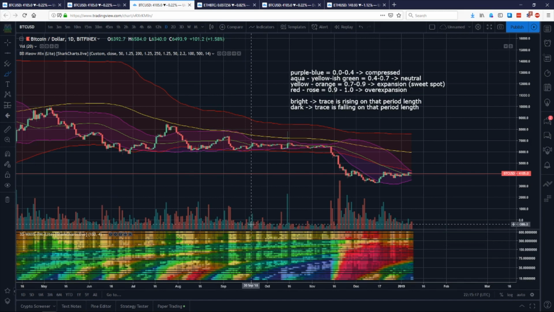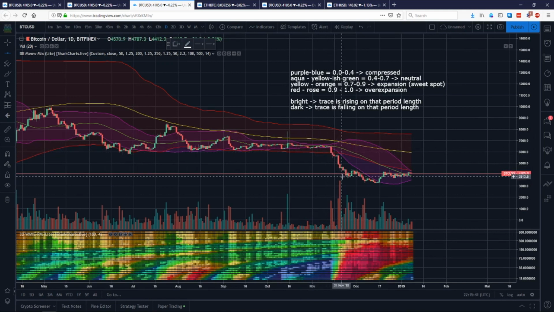So there are a couple pieces of information that you can use this indicator for. The one you'll often see DadShark do on stream is he'll use it to search for the longest overexpanded period, where we look at a recent expansion.